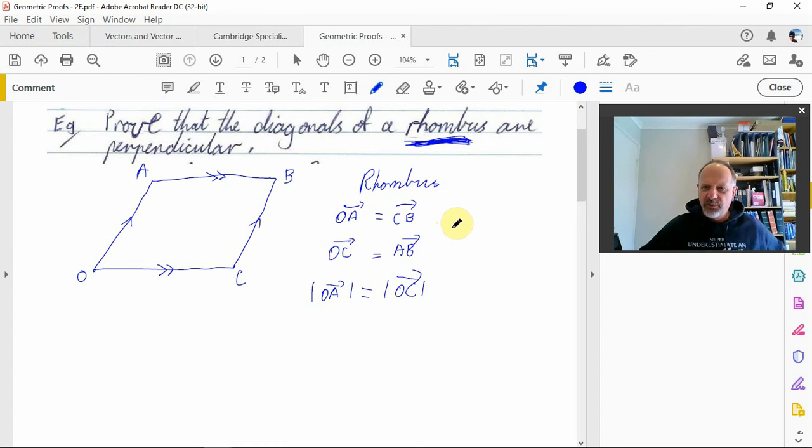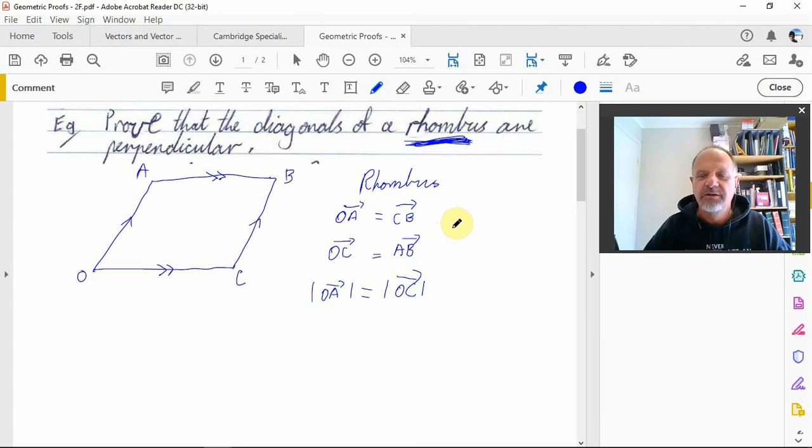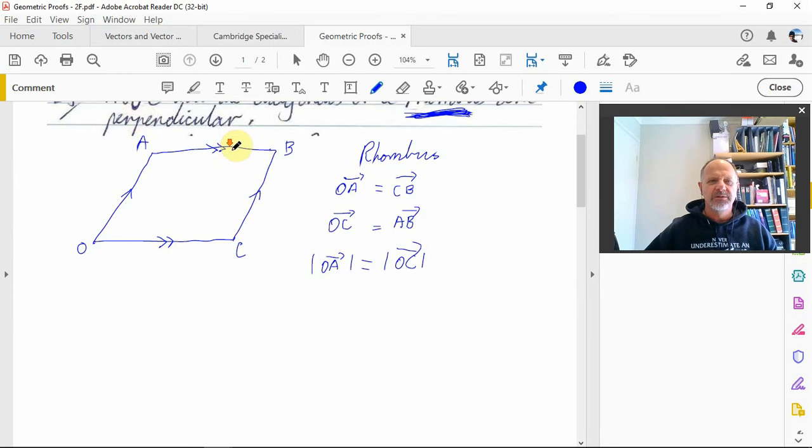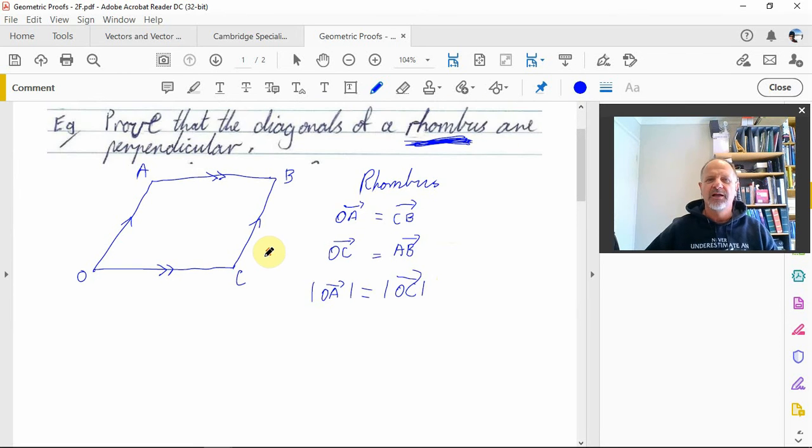Now where we're going from here, we're going to use some different things. What are we asked? We're asked to prove the diagonals of the rhombus are perpendicular.